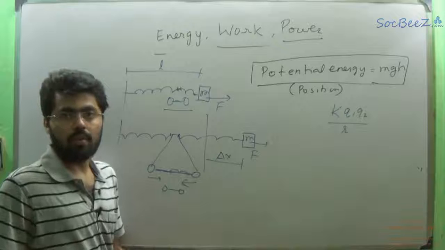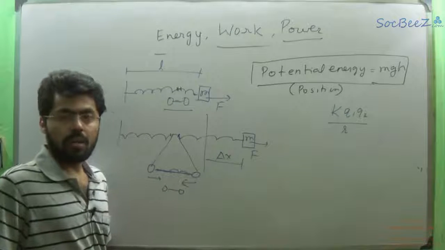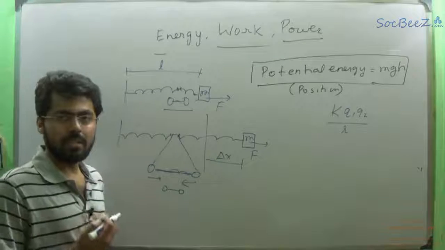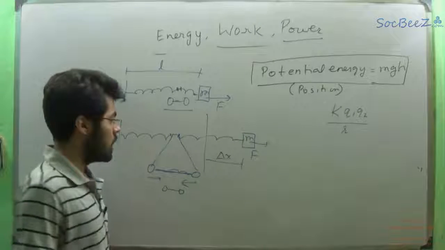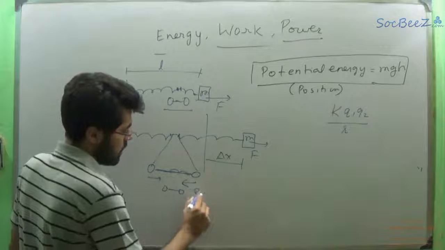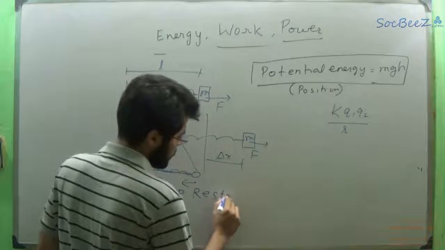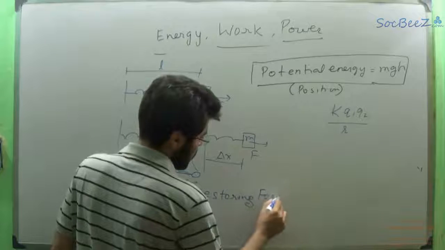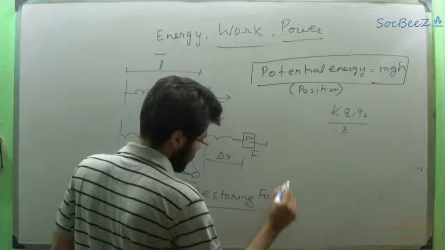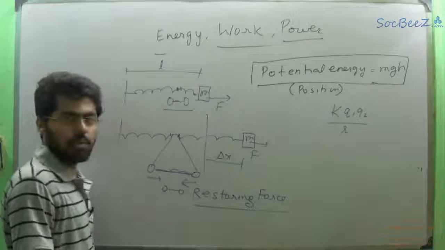So how will they try to regain? It means they will have a tendency to oppose the external force, and that's why we call this a restoring force. This is a restoring force.